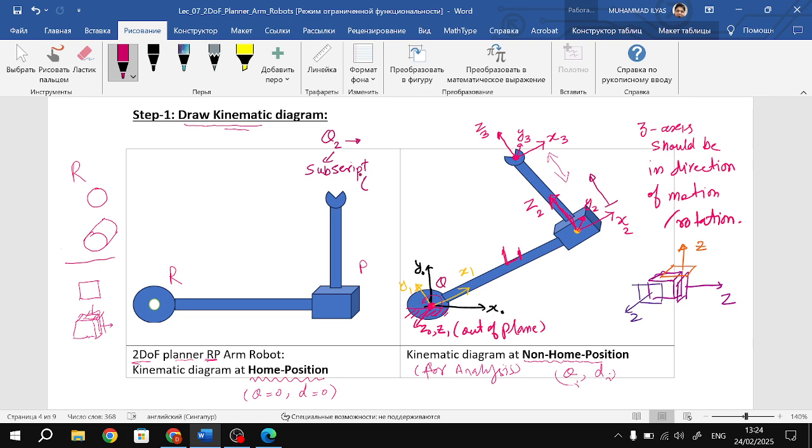It will affect the others also, but the immediate effect is on the next frame. So that's why we attach theta 2, not theta 1.